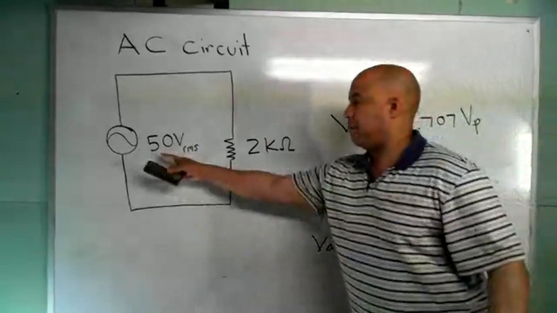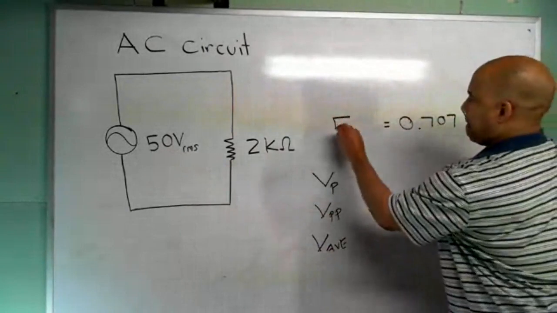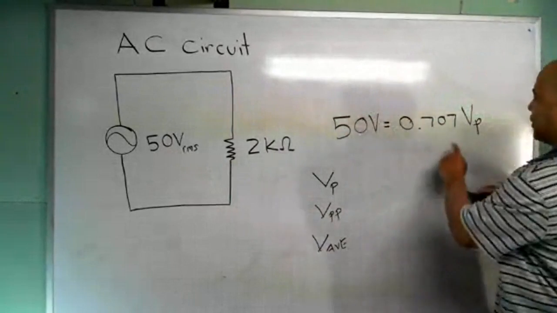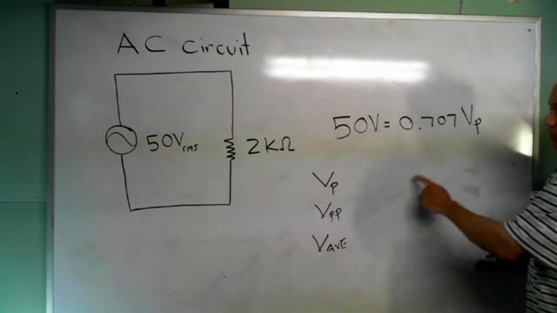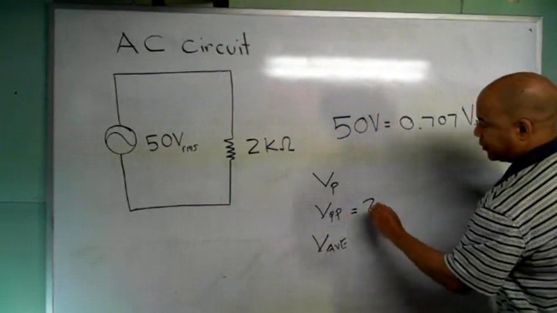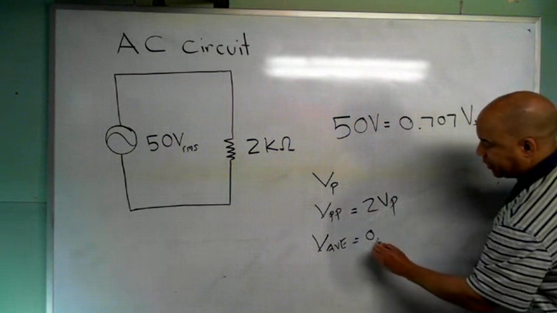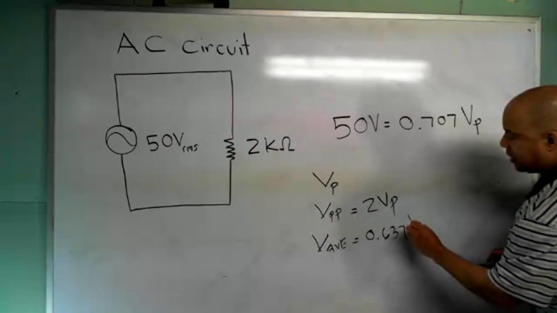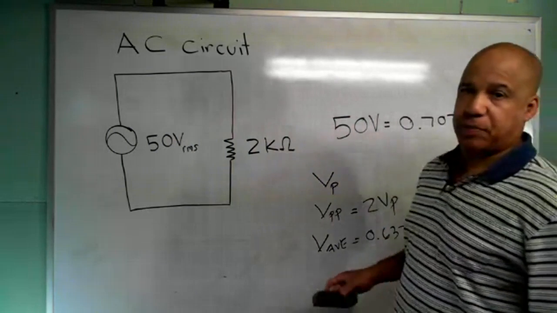If I tell you the RMS voltage is 50, then you can solve this equation for the peak value. Once you get the peak value, you can give me the peak to peak value because it's just 2 V peak, and you can give me the average value because it's just 0.637 times the peak. All of these equations I wrote on purpose in terms of the peak value.